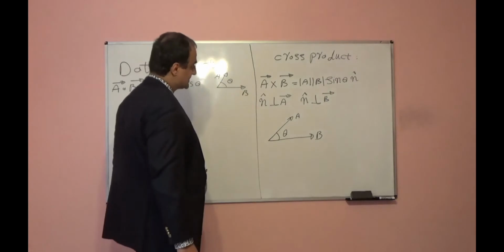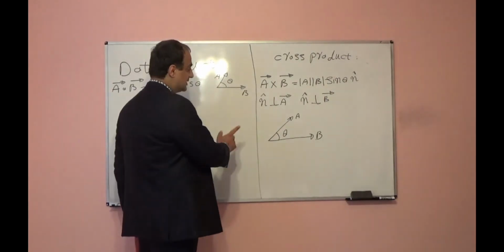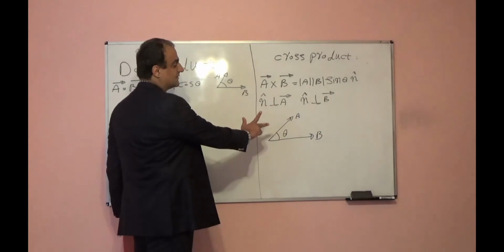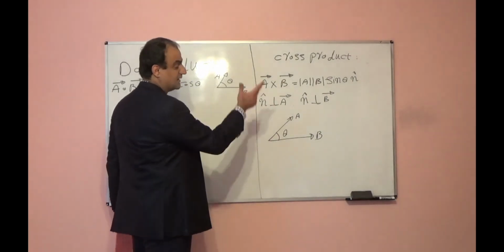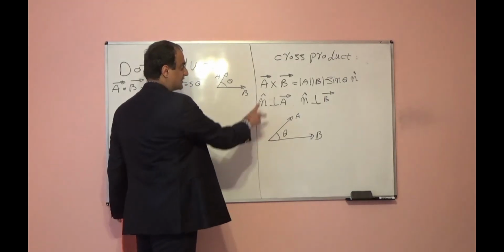The right-hand rule says you put your index finger in the direction of A, middle finger in the direction of B, and the thumb will show the direction of the cross product.